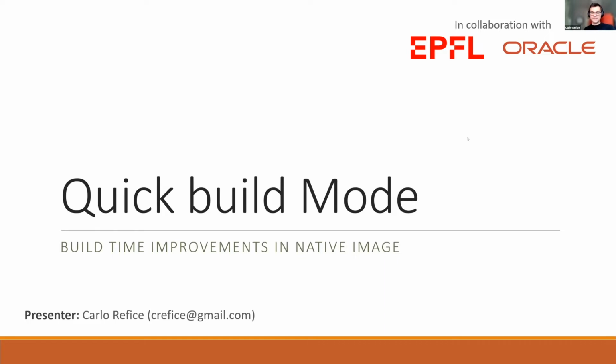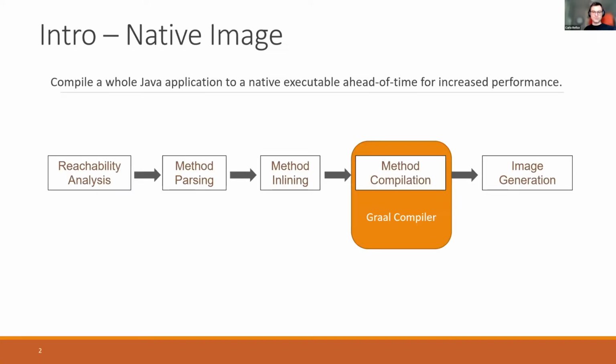Now, Christian already gave a very in-depth explanation of the internal workings of a native image. So I don't feel too much of a need to repeat that, but I still wanted to give a sort of very high level brief introduction into the native image build process.